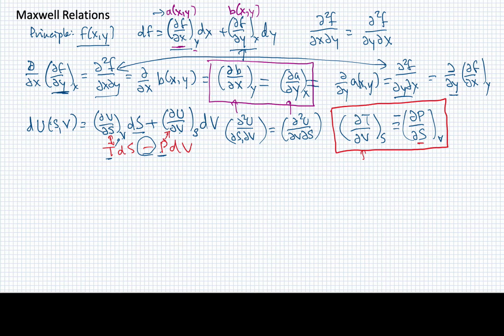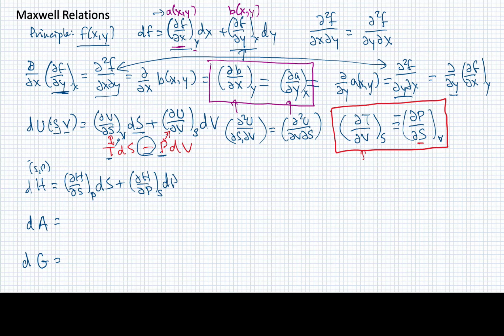Well, let's look at each of the different thermodynamic potentials. So I've got dH, dA, and dG. Now, when I write these expressions explicitly, H is a function of S and P, so dH will be dH ds at constant P ds plus dH dP at constant S dP.